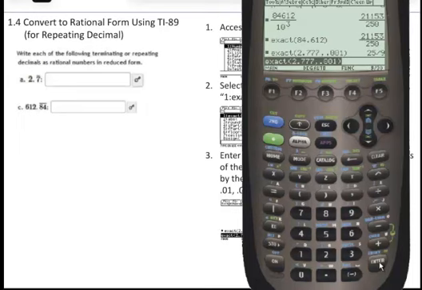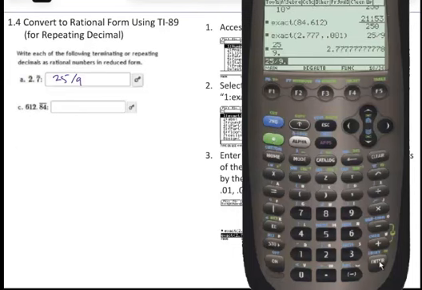You should double check and verify: is 25 over 9 going to give us this answer? If you take 25, divide by 9, put a decimal point in your display if you're in auto mode, it'll give you an answer in decimal form. Or you can hit this diamond button before you hit enter. And here, is that 2.77 repeating? Yes.